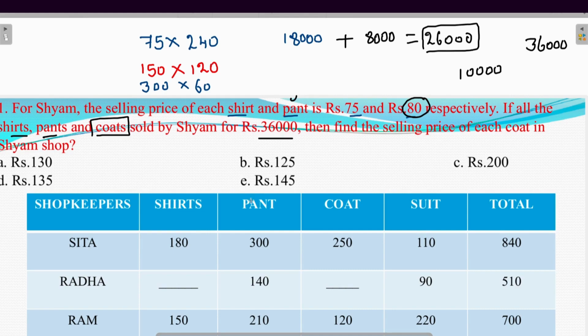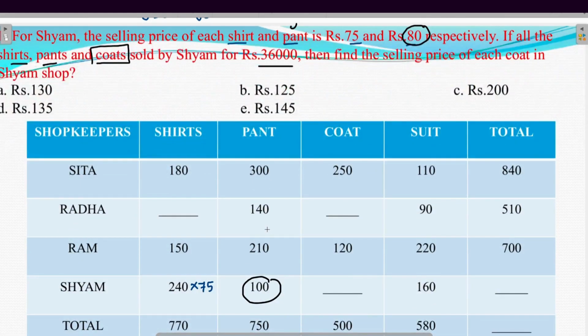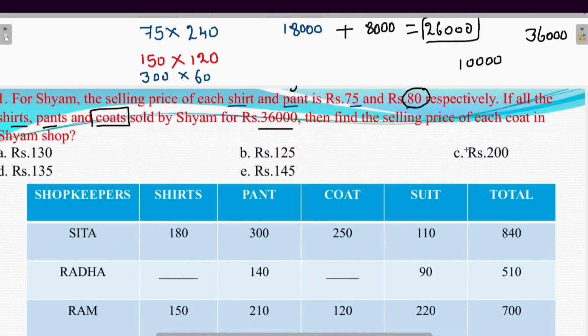I don't know how many coats Sham sold, but previously I found the value of the coat. The value will be 50. In the previous slide we can see that 50 coats are sold for 10,000 rupee. Then for each coat price, I divide by 50. If I solve that, I will get the answer 200. So each coat value will be 200 rupee.